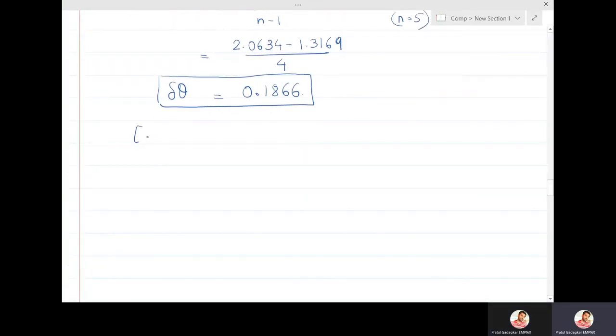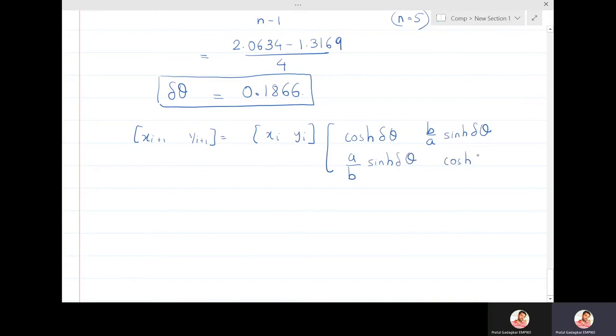Now we will use a recursive formula. The recursive formula is x(i+1), y(i+1) is equal to xi, yi multiplied by the matrix cosh delta theta, b upon a sinh delta theta, then a upon b sinh delta theta, and cosh delta theta, right?